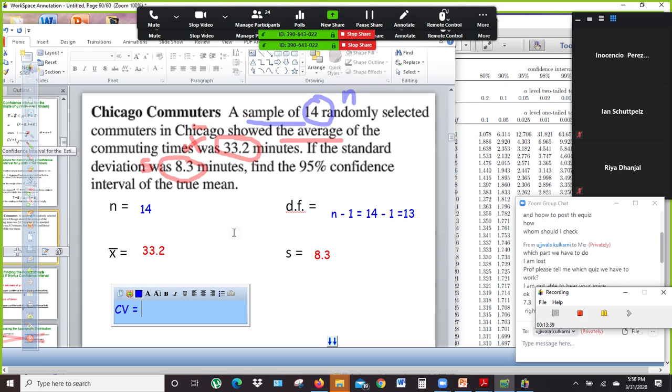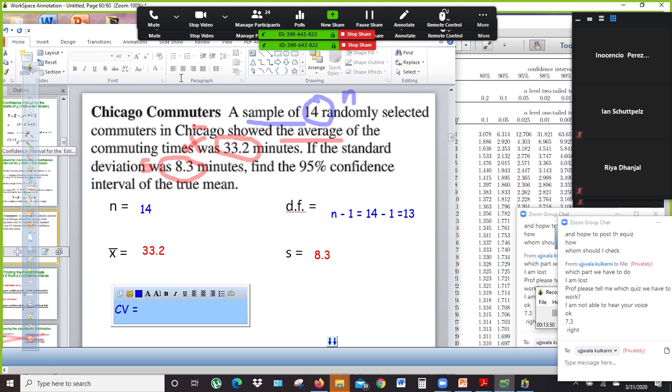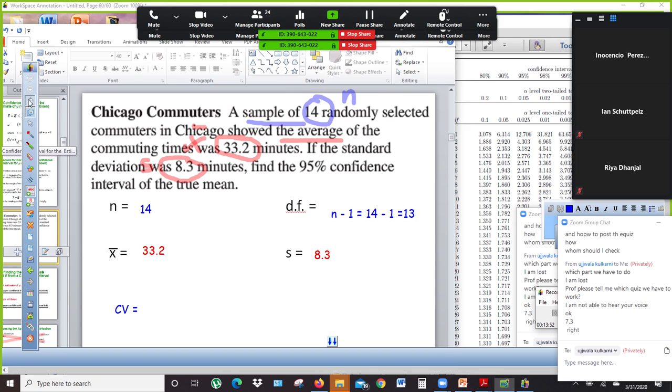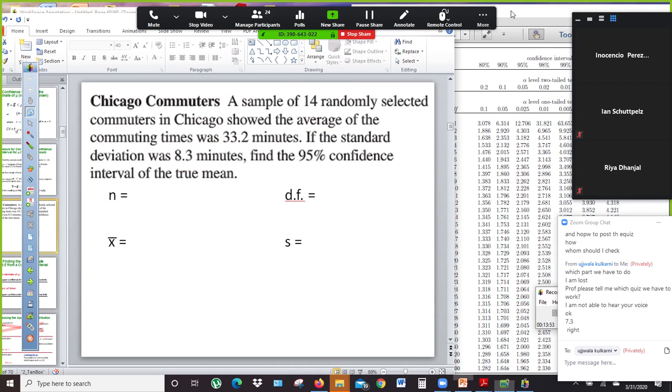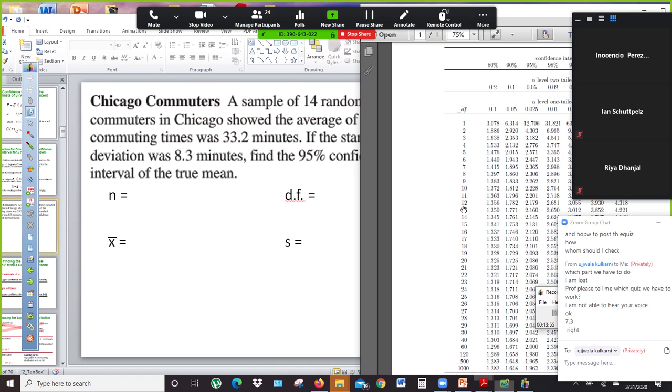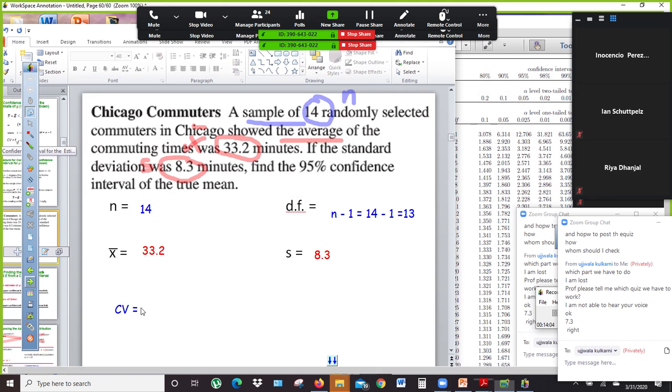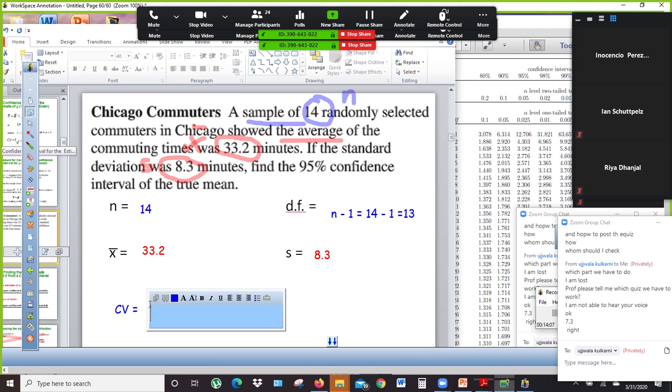If you hop over to our table, it's 13 and 95% confidence, so it looks like it's 2.160. So my critical value is going to be 2.160.